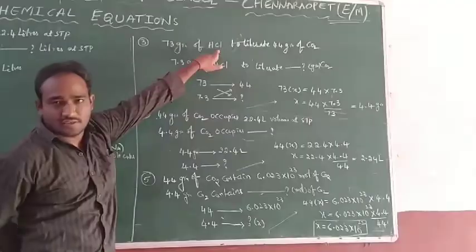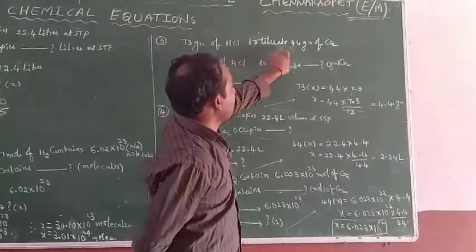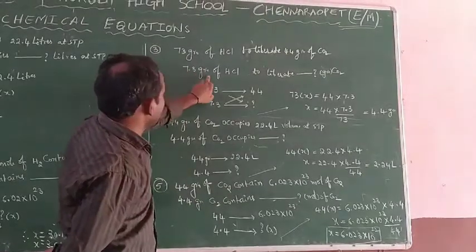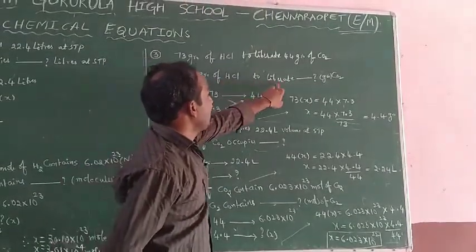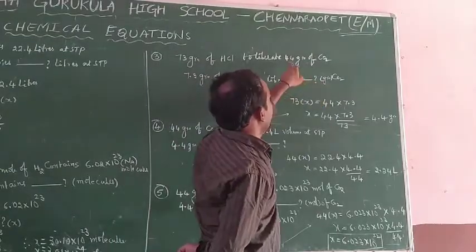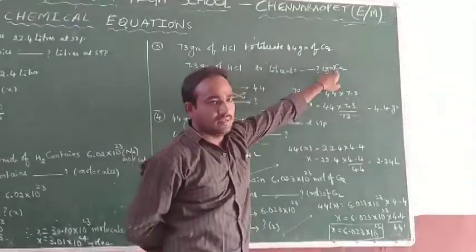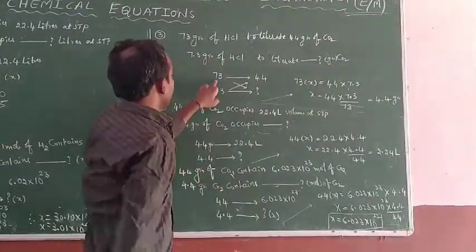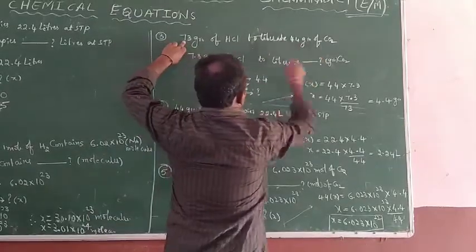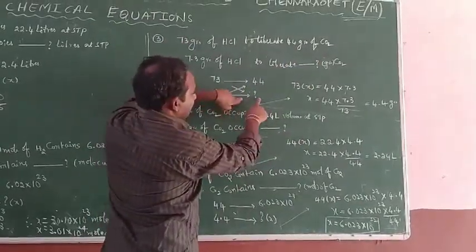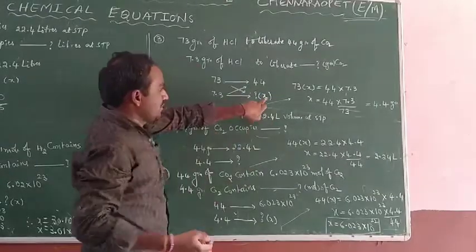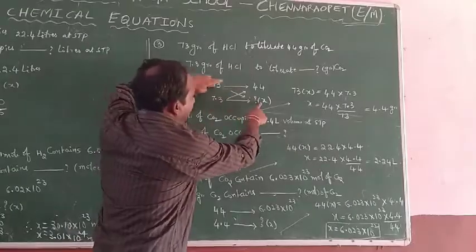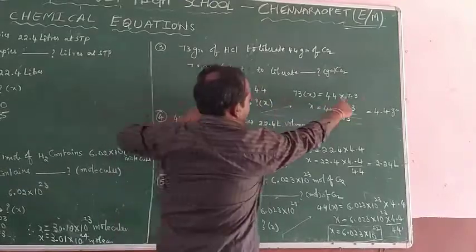73 grams of HCl liberate 44 grams of carbon dioxide. Then 7.3 grams of HCl liberate how many grams of carbon dioxide? See here, there is no given value, so we are assuming x. 73 into x is equal to 44 into 7.3.